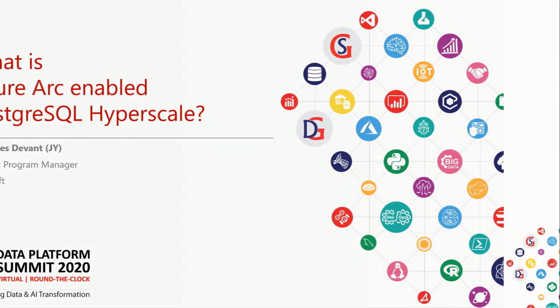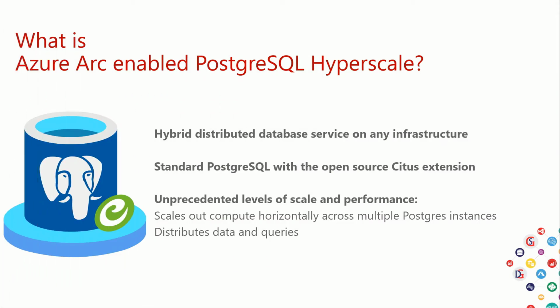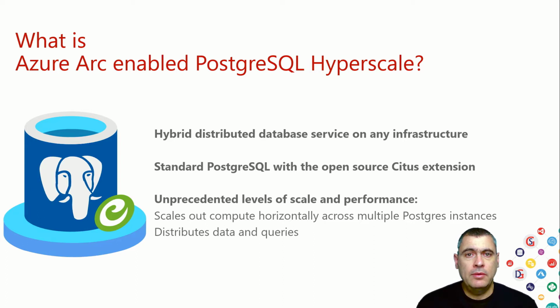And today we're going to go through a few topics. First, I'd like to give you a high-level definition of it so that we set the context. So Azure Arc enabled Postgres Hyperscale is a hybrid database service that runs on any physical infrastructure. It runs a standard PostgreSQL database engine to which it adds the Citus extension.